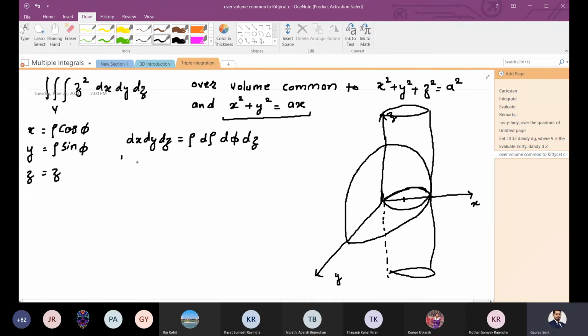What are the values for phi? So can you repeat the question? So I need the limits now. So first of all, we'll talk about rho. Where to where rho is going to go?